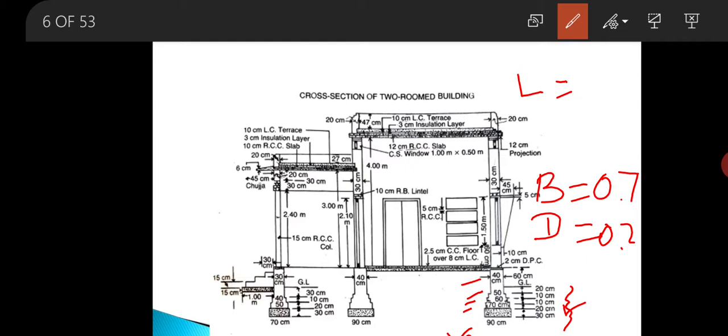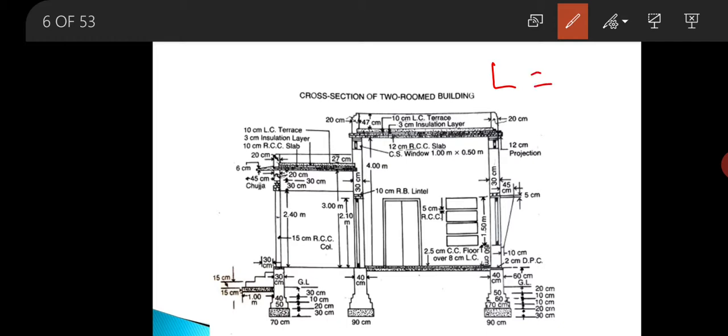In order to get the length of the first footing, we have to add half of the width of the first footing to the center to center length of the long wall. As we have done in our previous classes, with the center to center length of long wall, we will add half of the width of the first footing on both sides. So width of the first footing is 0.7 by 2.